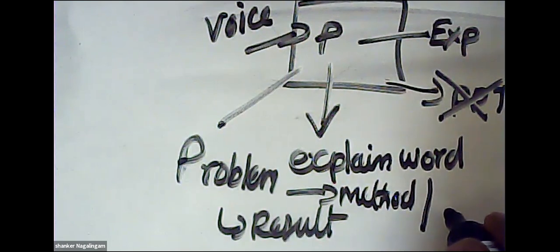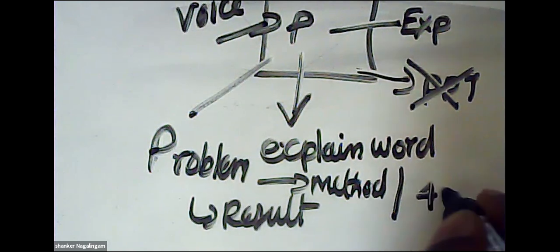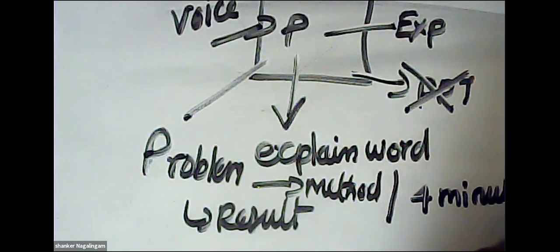Not that you say everything you want to, because your video, if you take a video abstract or video bite, should not be more than 4 minutes. It's very important. Not more than 4 minutes.